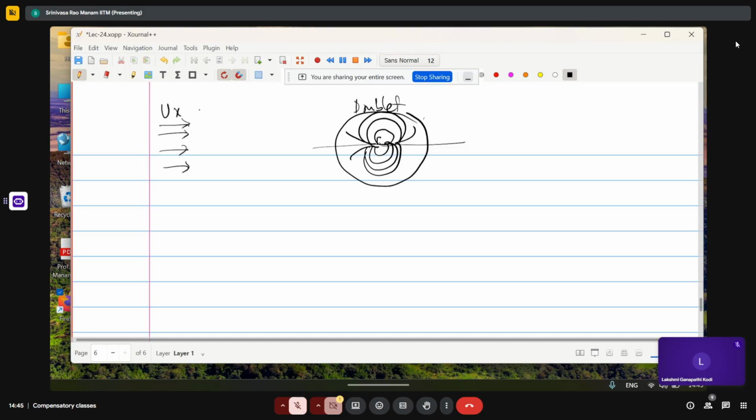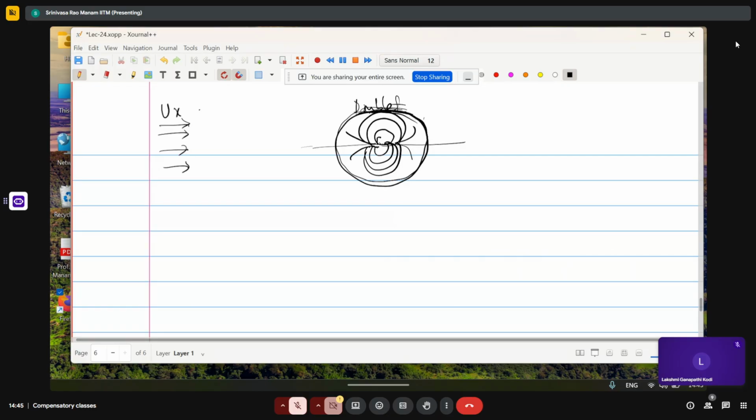The doublet actually will give you this circular cylinder, circular thing. Inside is one flow, outside is another flow, the uniform flow. It won't penetrate through this doublet. Inside the doublet is one flow, outside this doublet is another flow.